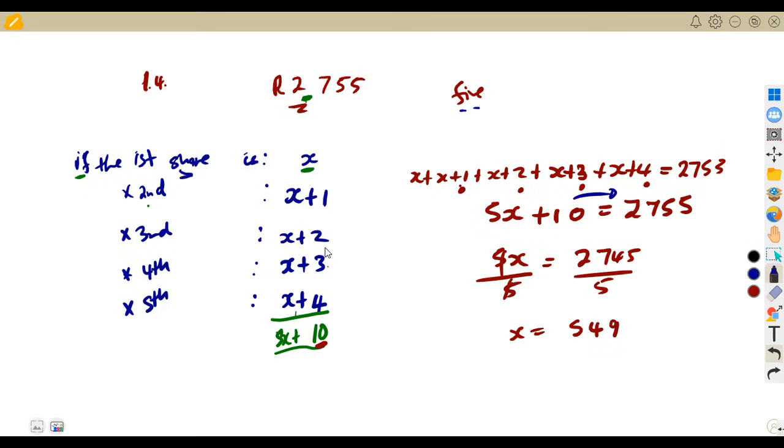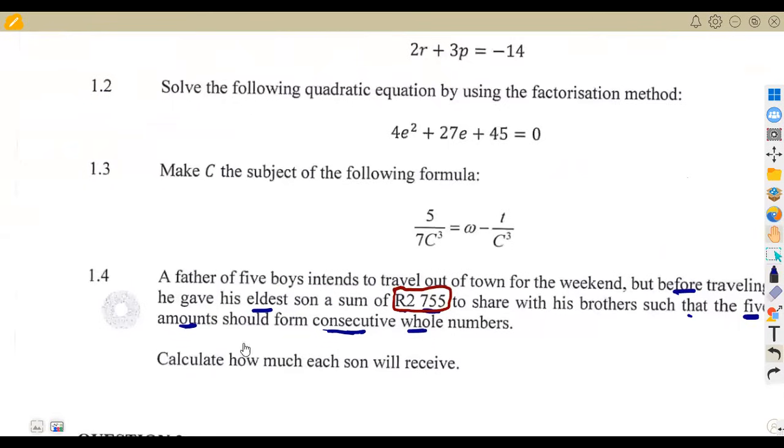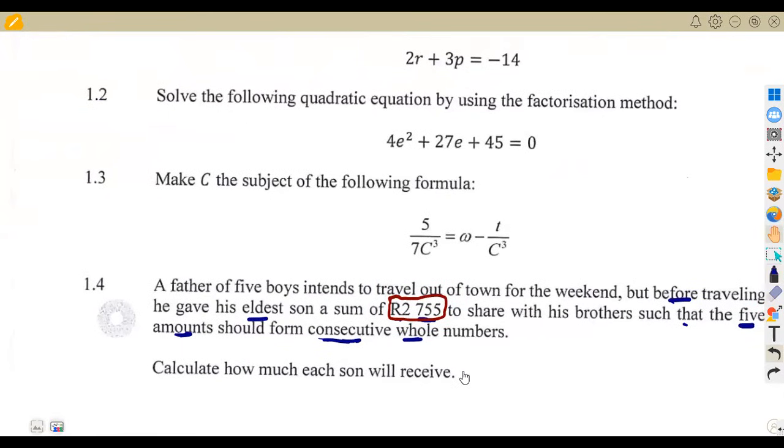This represents the first share that we obtained. So if the first share was 549 Rand, what is going to be the second share? Because the question was to calculate how much each son will receive.